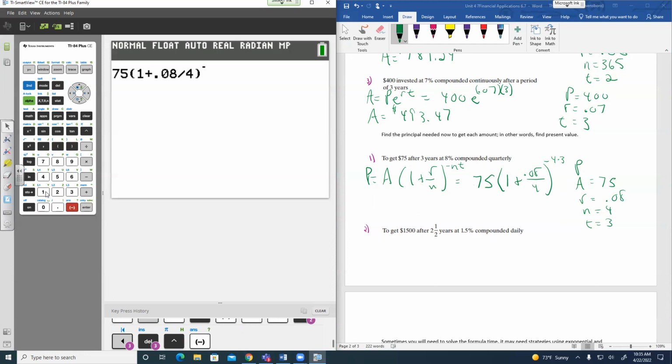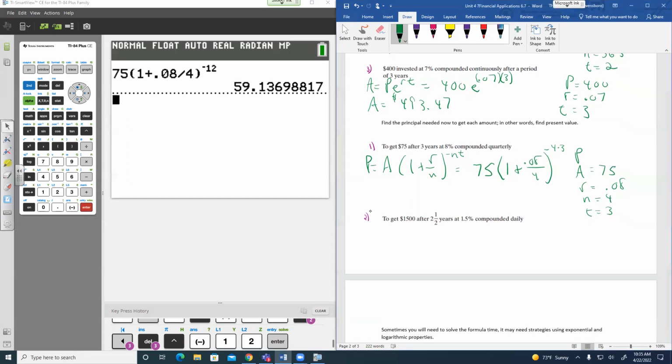Make that an exponent. That looks better. So if we enter, we get our present value, and notice that it is smaller. To get that $75 in 3 years, we have to start with an initial investment of $59 and about 14 cents.